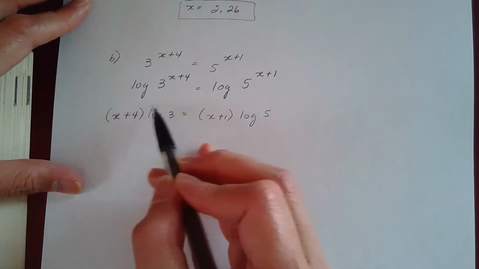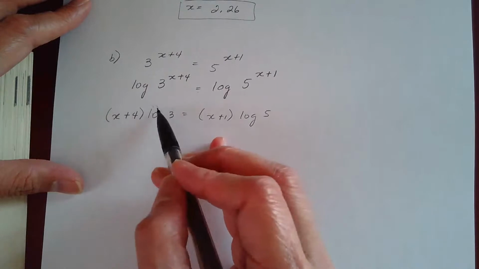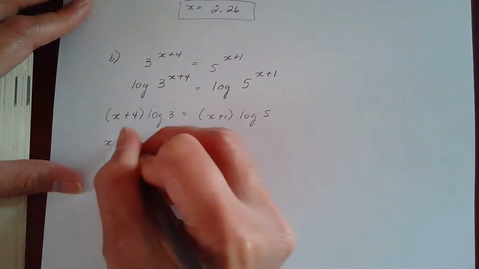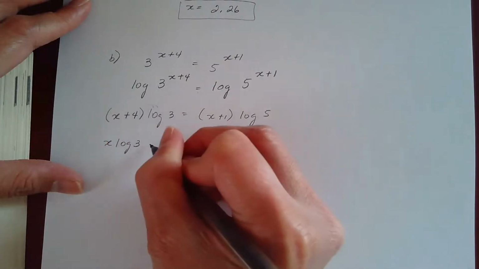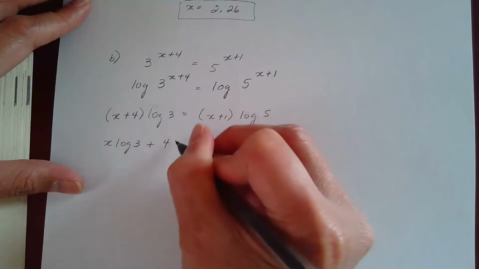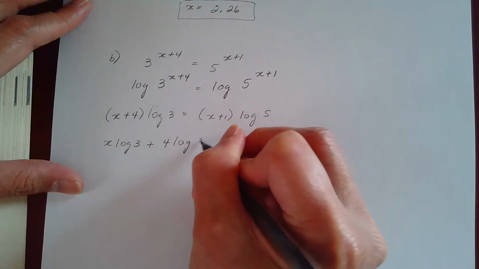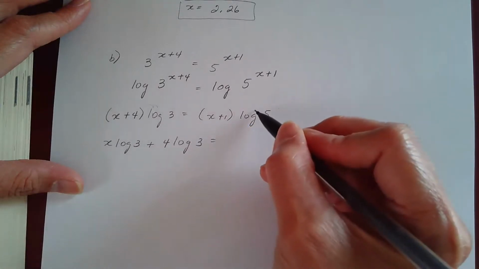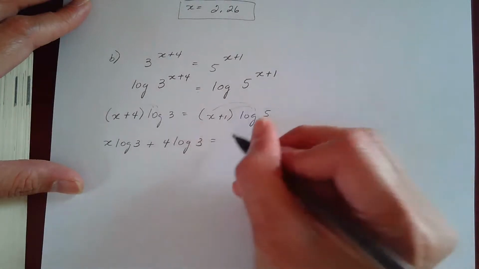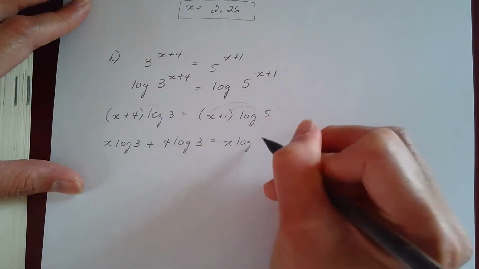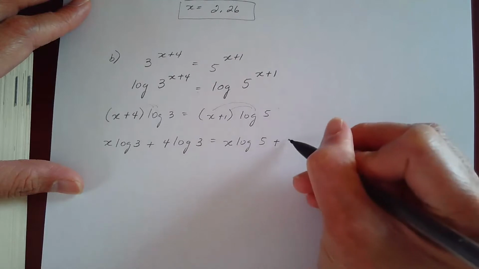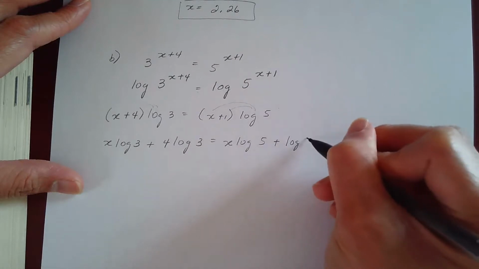And we have to do the distributive property of multiplication. So it's x log 3 plus 4 log 3. And then same thing with this side: x log 5 plus 1 log 5, which is log of 5.